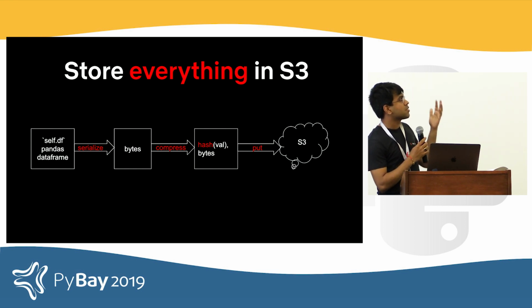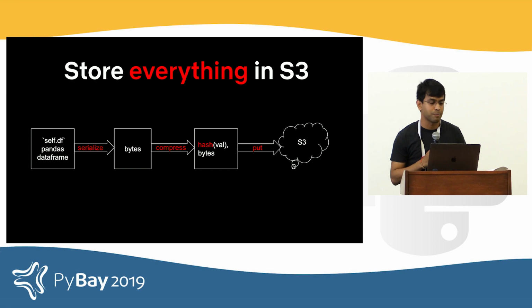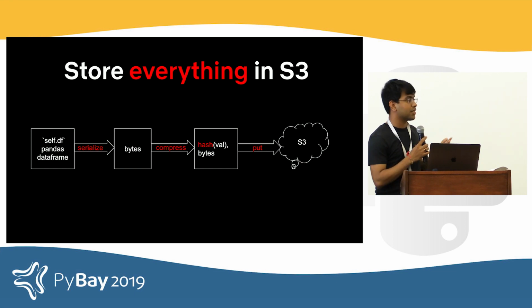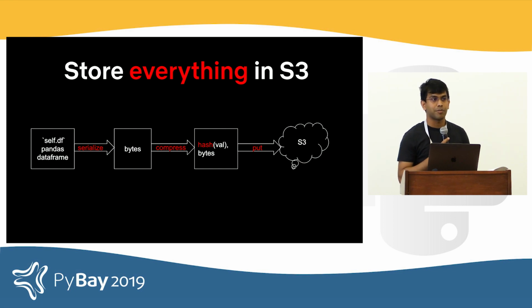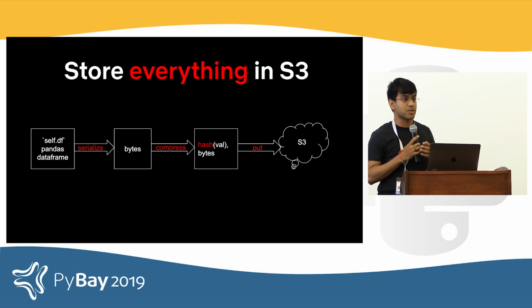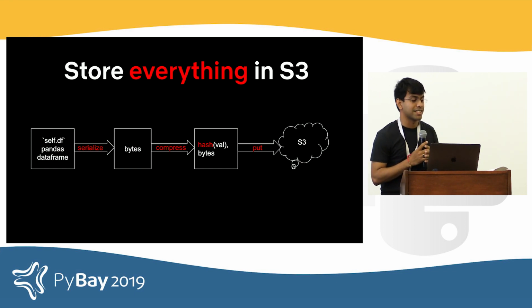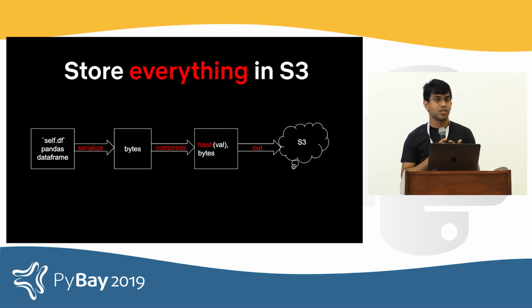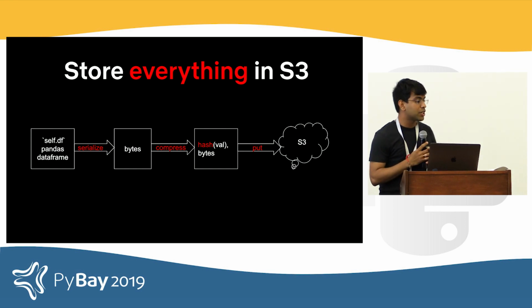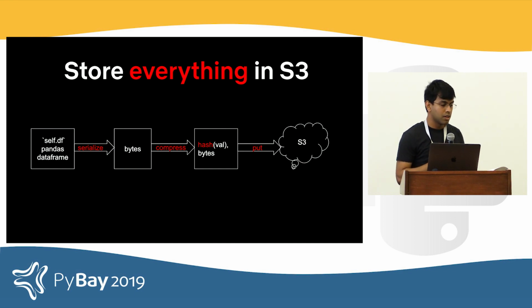What we do is this. Imagine you have your pandas data frame. We first want to serialize it to some bytes. You can probably leverage something like Pickle. It mostly works in all cases, but sometimes not. But you can always use other serialization libraries, and then compress them with excellent libraries like gzip or zstd.